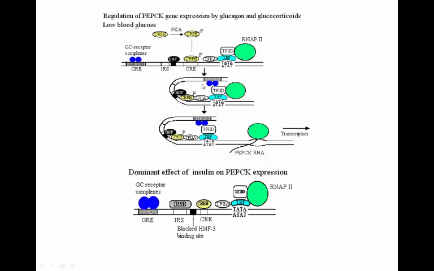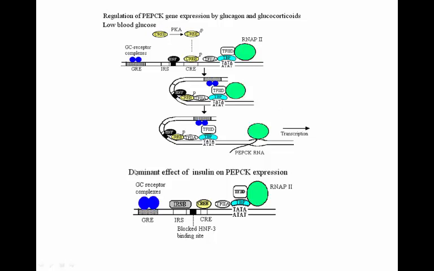There will be an adapter protein in here somewhere. It's not shown. And then, upon making this structure, we start the phosphoenolpyruvate carboxykinase transcription. So here is RNA polymerase II. Here's the nascent pre-mRNA that's being synthesized. So both cyclic AMP and glucocorticoids activate the transcription of the phosphoenolpyruvate carboxykinase gene.